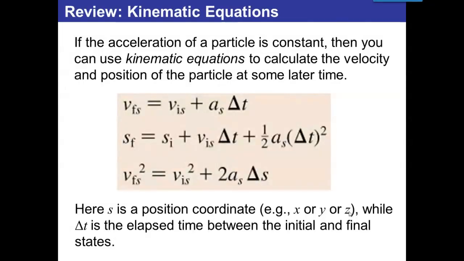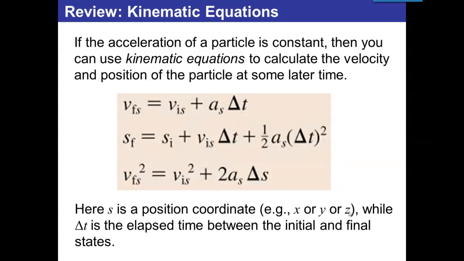All right, if we know there's a force acting on a particle and it starts to accelerate, then if the acceleration of the particle is constant, and that is a precondition that has to be satisfied, then you can use the so-called kinematic equations. This is something you usually cover in the first few weeks of a Newtonian mechanics course, like the one you've had, so hopefully this is familiar to you.